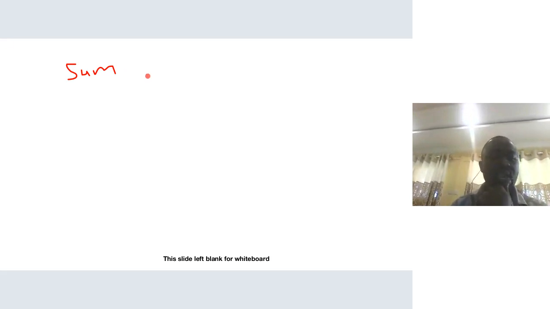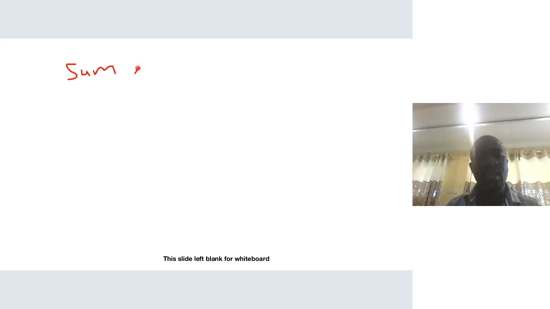Number 3, we move to sum of digits. But Belinda wanted just one method, but we are in a learning process. So in the learning process, we learn the different methods.